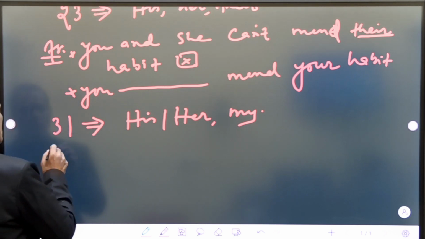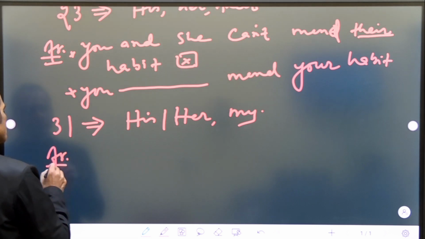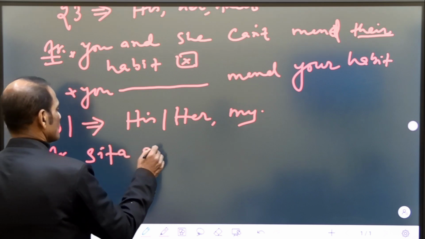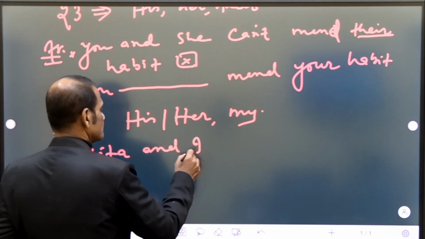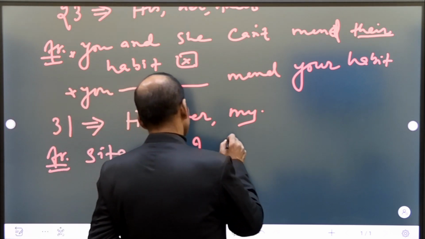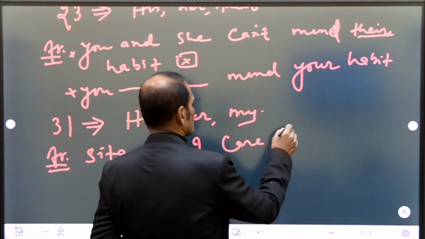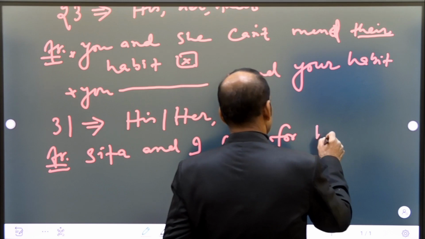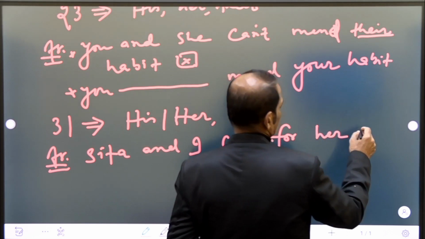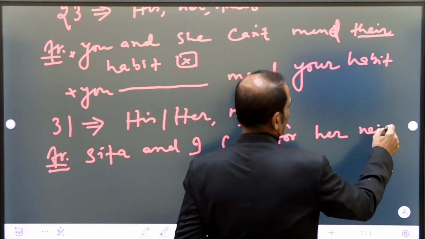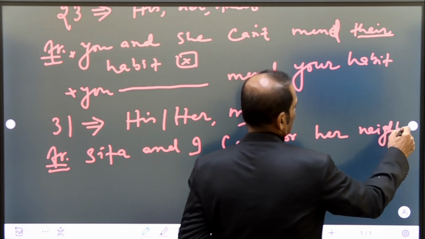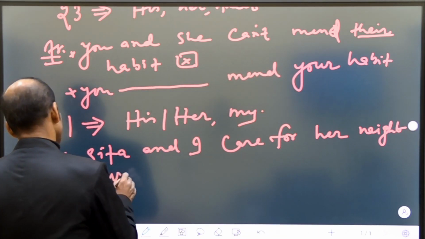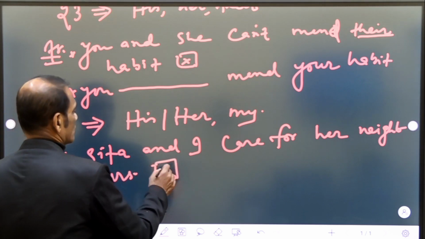For example, Sita and I care for her neighbor. This one is incorrect.